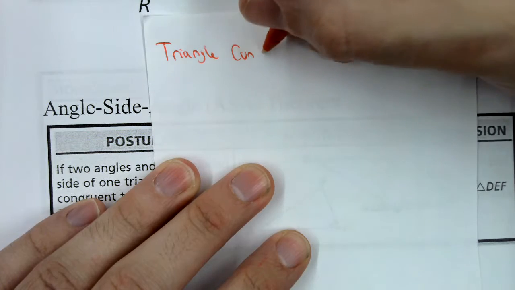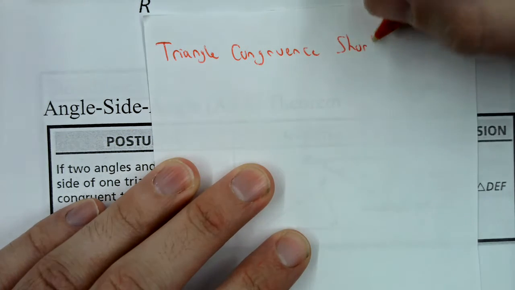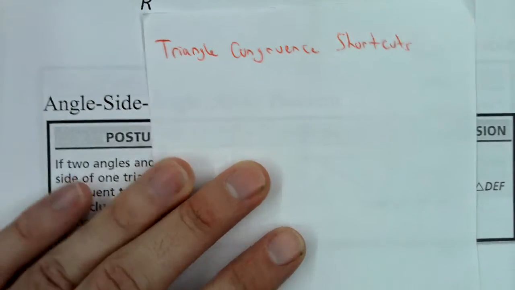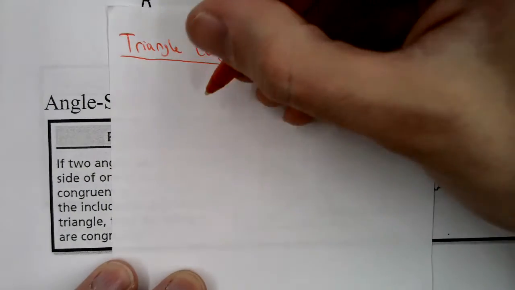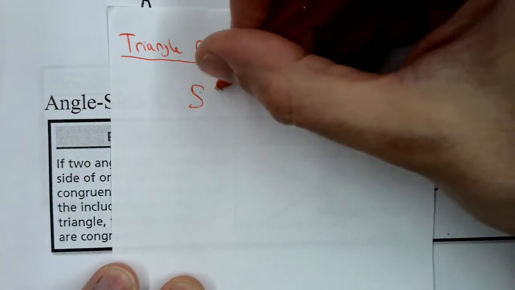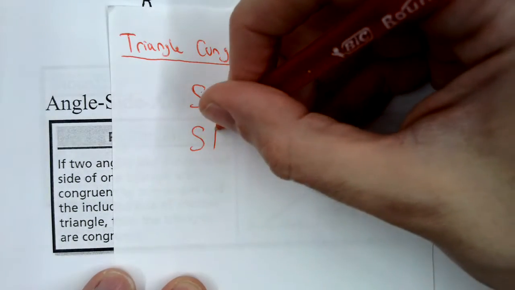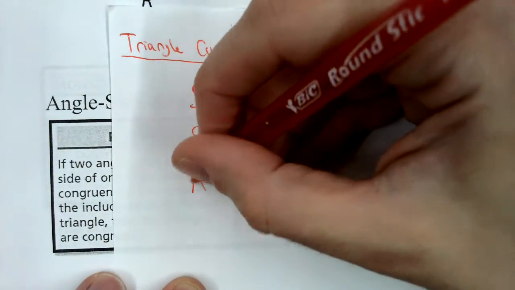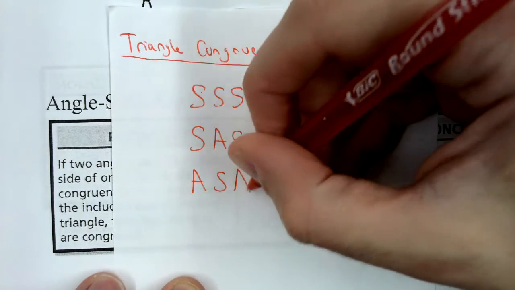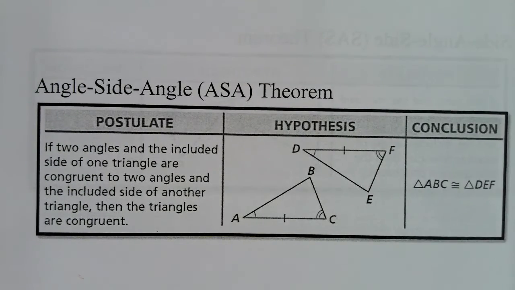So the first shortcut I gave you is called side, side, side. Then we did side, angle, side. And now we're doing angle, side, angle.